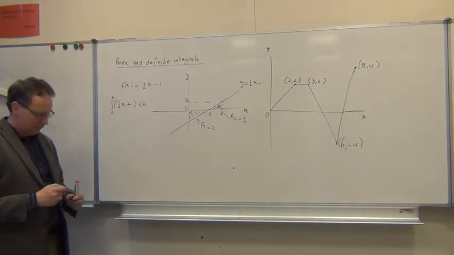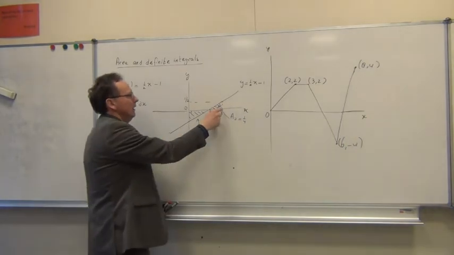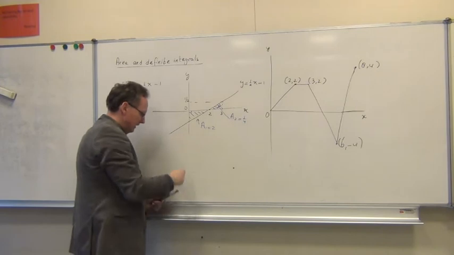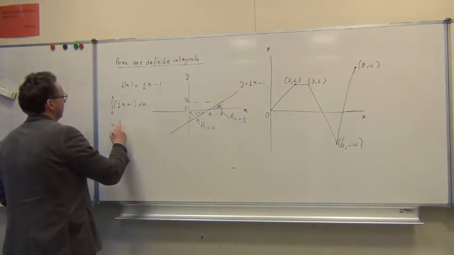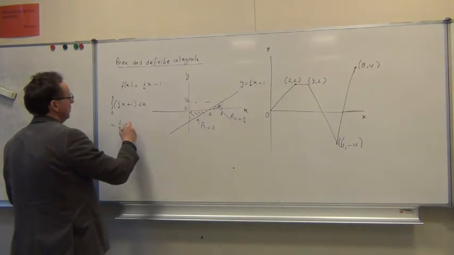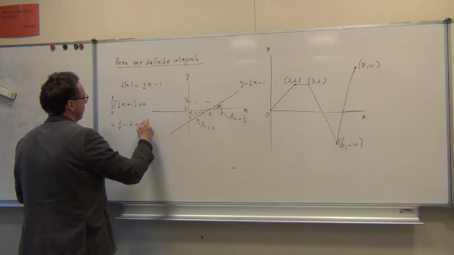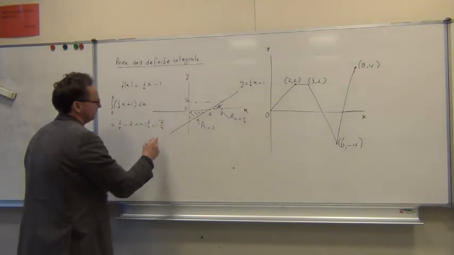So what happens if you want to calculate this integral? You find a positive area of 1/4 and a negative area of 1. So the total will be 1/4 minus 1, which is minus 3/4.